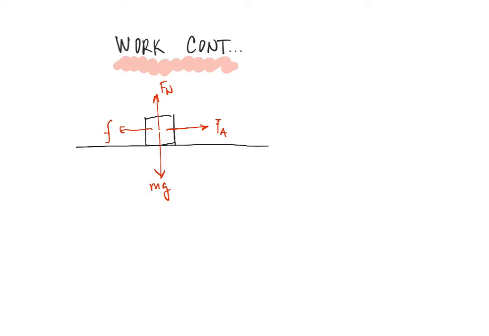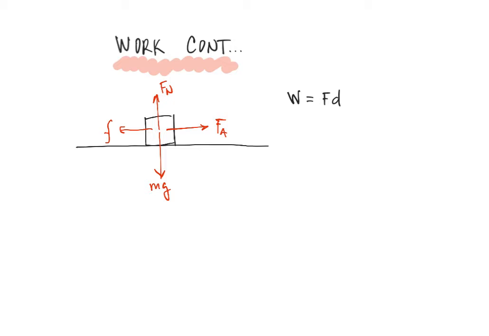And we noted that the basic skeleton of the work equation is that the work is equal to the force times the distance. But we learned a couple things about this equation that are a little bit tricky.